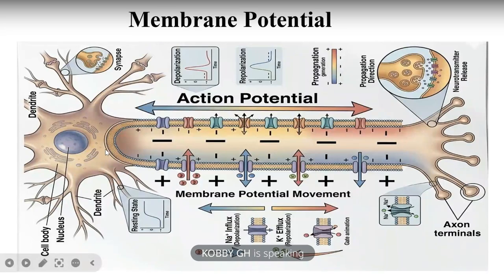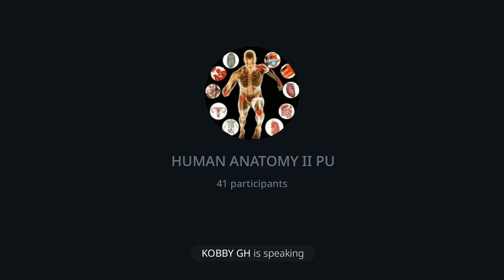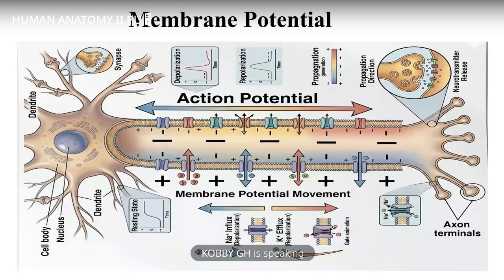Now, when a neuron is at rest, the inside of the neuron is negative. Is that okay? This shows that this neuron is resting. No impulse is being transmitted. Now, when the inside is negative, that should also tell you the outside is what? Positive.